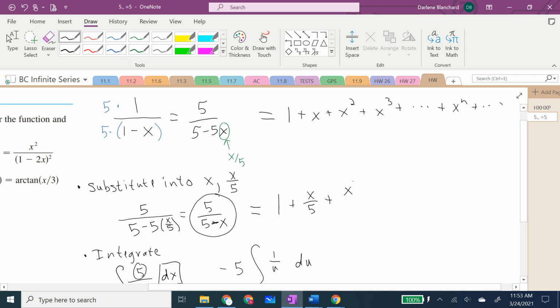and I'm going to distribute the squaring between the x and the 5, and distribute the cubing. And when I plug in x over 5, I'm going to also separate the x from what it's divided by.